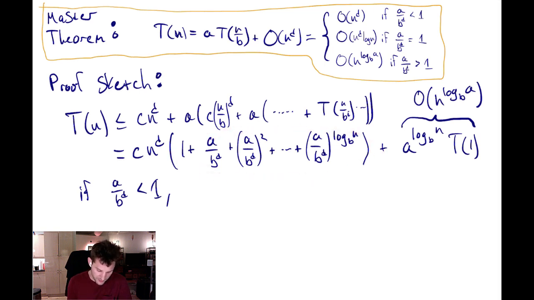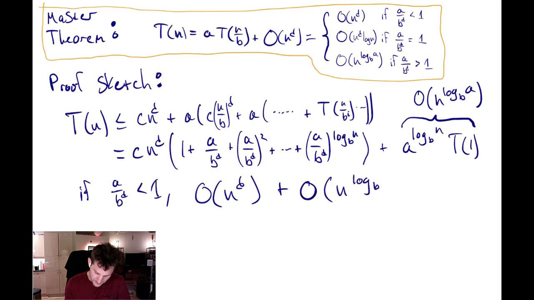Therefore, this term right here is going to be on the order of n to the d, because this guy right here is a constant. We have n to the d here, and then we have another constant again because a over b to the d is less than 1. So this whole thing is bounded by a constant. Of course, then we have plus O of n to the log base b of a from this term up here.